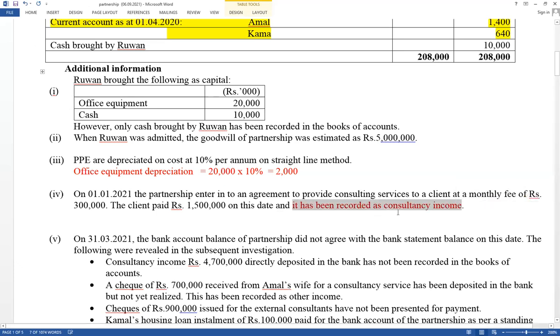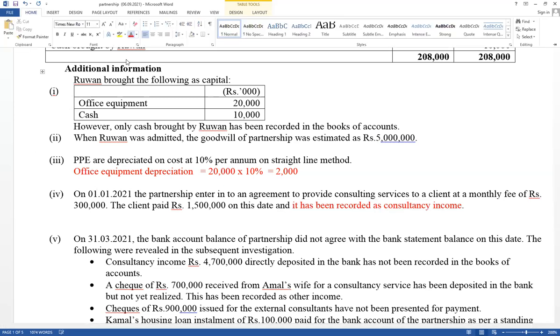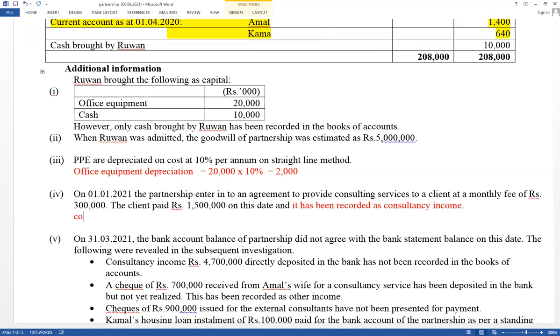Think accrual concepts. Total received amount cannot be considered as income. During the period, consultancy income was provided only for 3 months. Therefore, based on accrual concepts, as consultancy income you have to consider only 3 months.